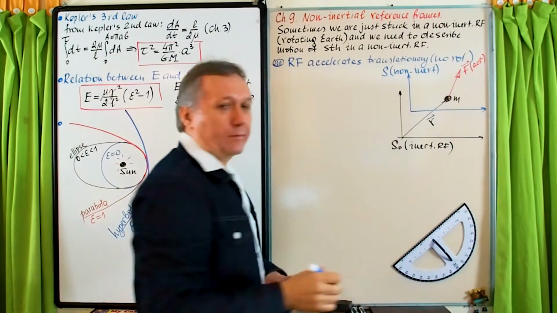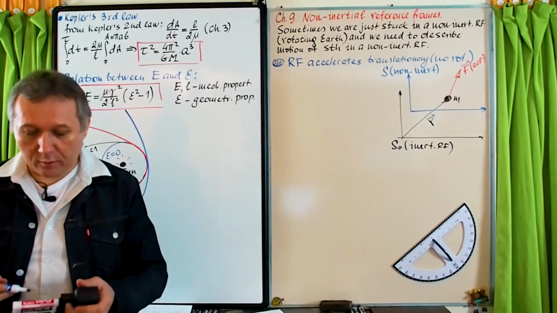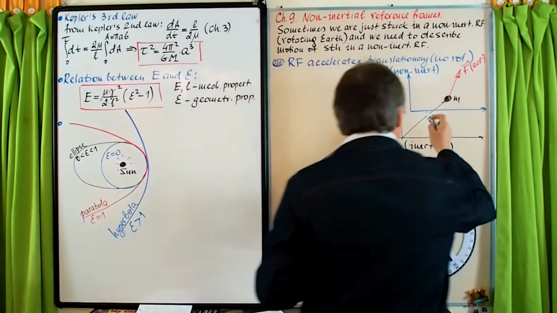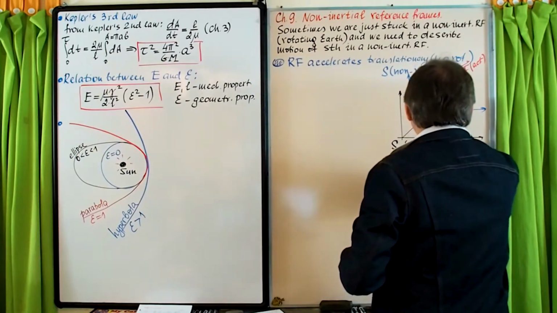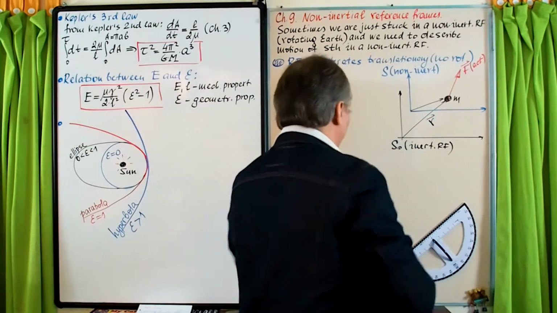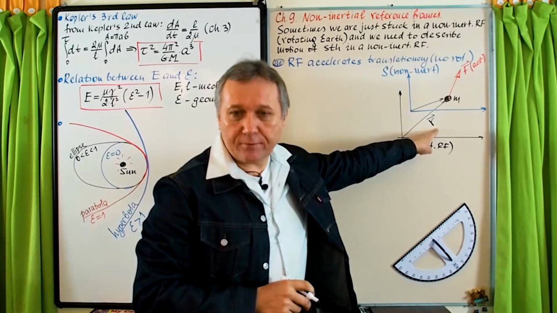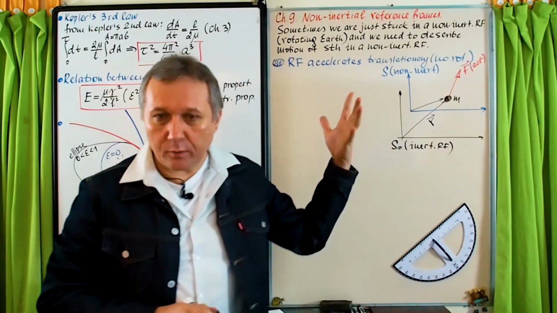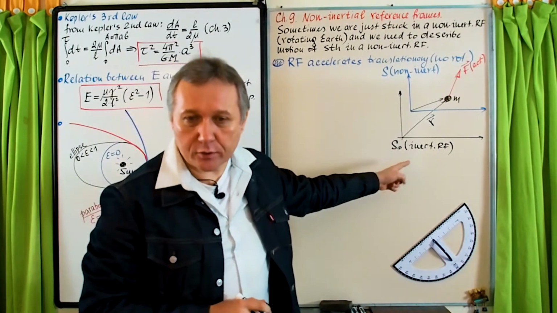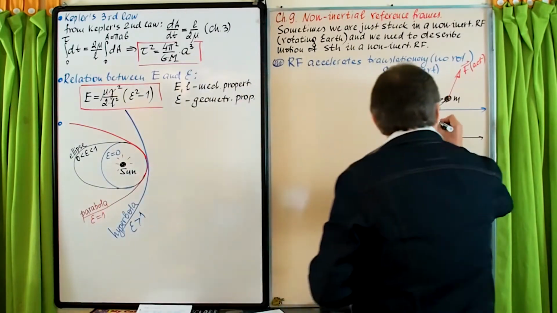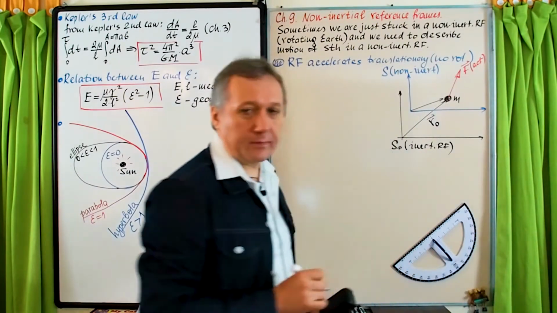Non-inertial RF. Okay, so now we can define the position of this mass relative to this non-inertial RF using... okay, I forgot. I use subscript 0 to define the position of an object relative to an inertial reference frame. You see, here I have 0, and it makes sense to add a subscript here, R sub 0.